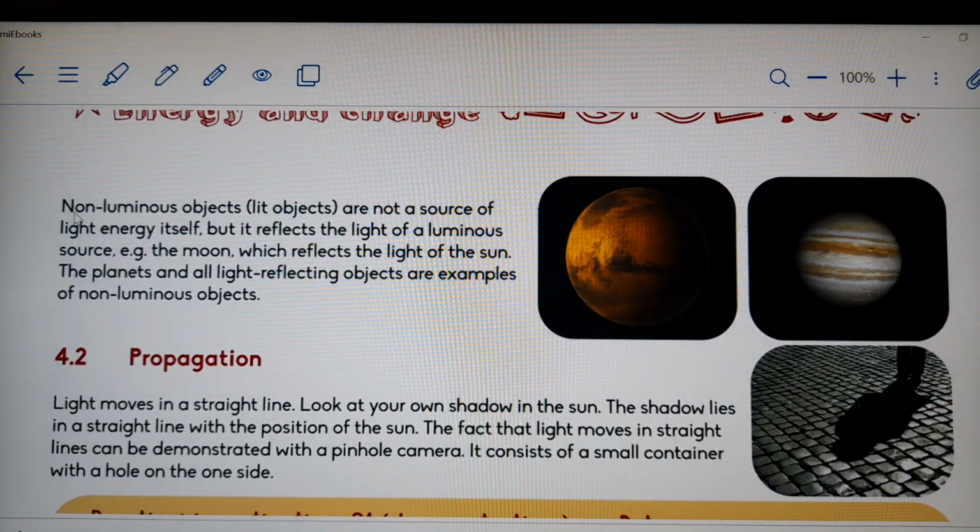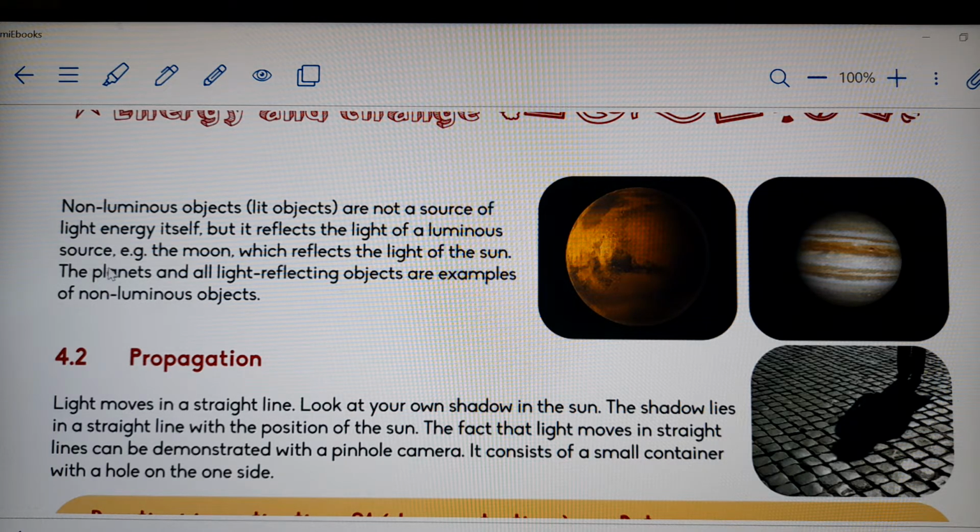Now we look at non-luminous objects, the objects that don't produce light, or they're not shining, but they reflect light from the luminous objects. So non-luminous objects are not a source of light energy itself, but reflect the light of a luminous source. For example, the moon. We know that the moon is not shining, but it is bright because of the light that it gets from the sun.